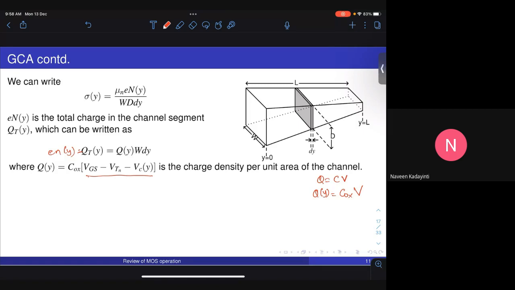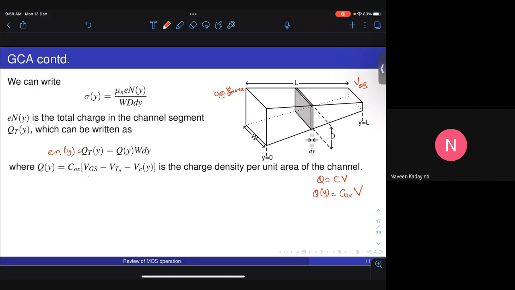So we are writing this equation only when there is an inversion channel present. We should remember that it's not valid when Vgs is less than Vt. And Vc of Y is the potential of the channel, which is again a function of Y. So the channel potential changes from VDS at the drain end to 0 at the source end.